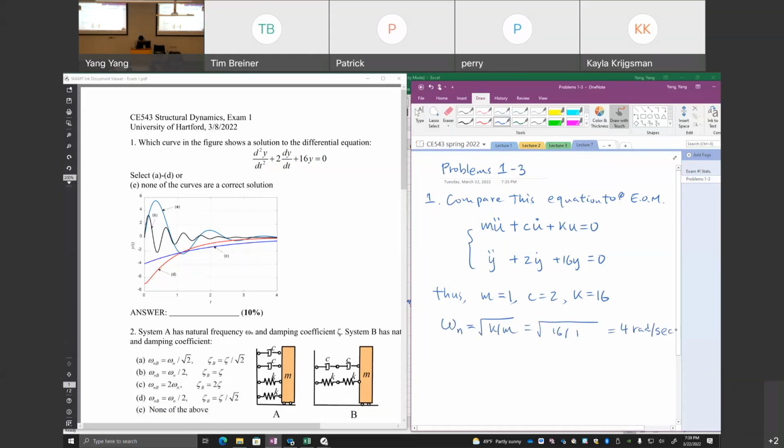And we can also calculate the damping ratio, zeta, equal to c over 2 m omega n. This is smaller than 1, much smaller than 1. Since zeta is smaller than 1, this is an underdamped system.